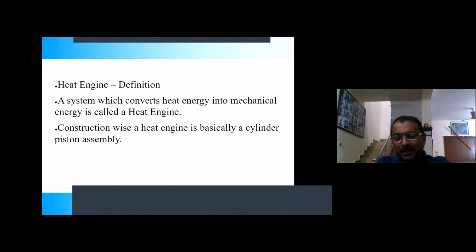Actually, you are all familiar with a cylinder piston assembly, from the moment you came into this earth. And everybody has a little fear of that unit. Could you guess that?